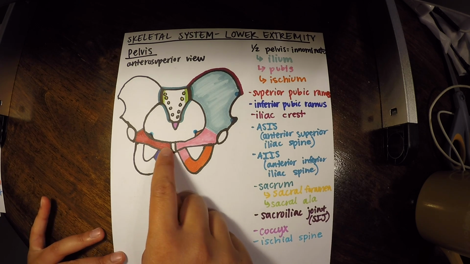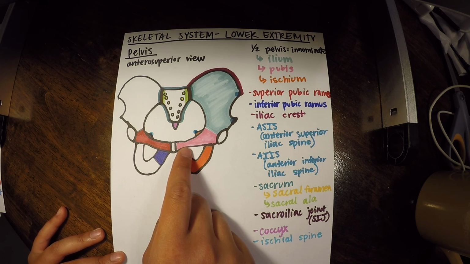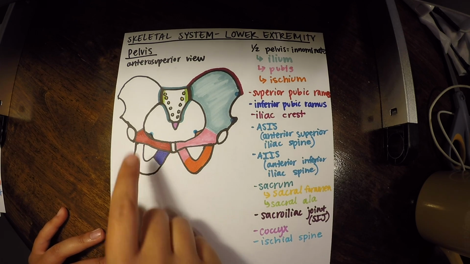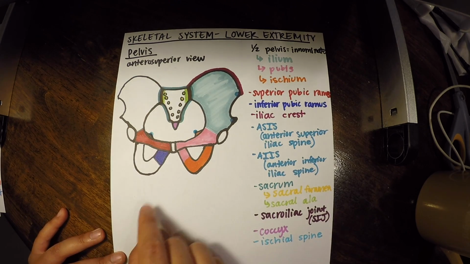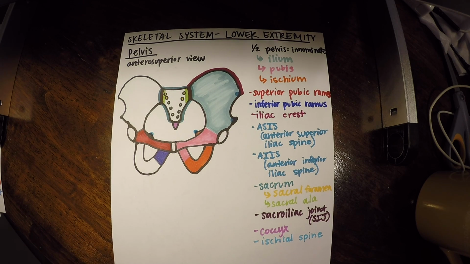Next, we have something that connects these two parts of the pelvis, or these two innominates in the front. So in the back, we have the sacrum and the SI joint, but in the front, we have something called your pubic symphysis. Let's make that, I'm running low on colors here, brown, I guess.